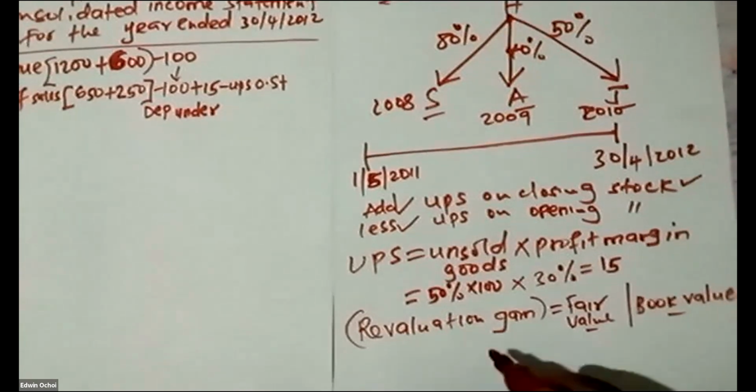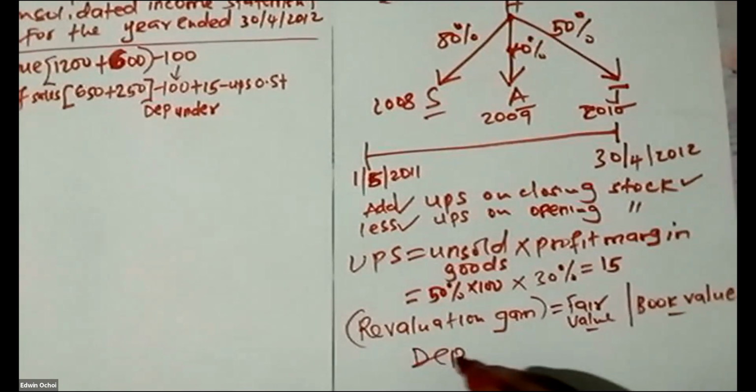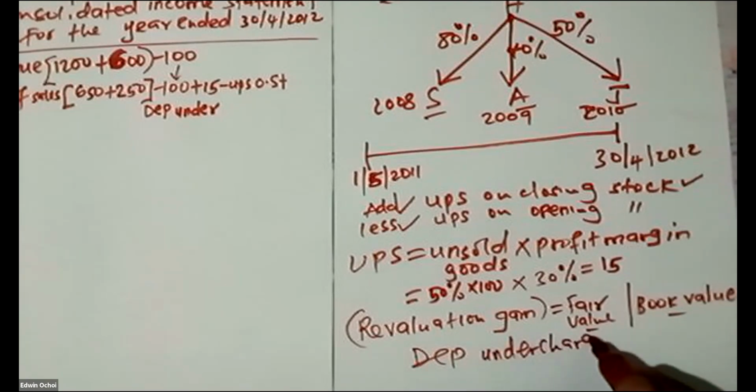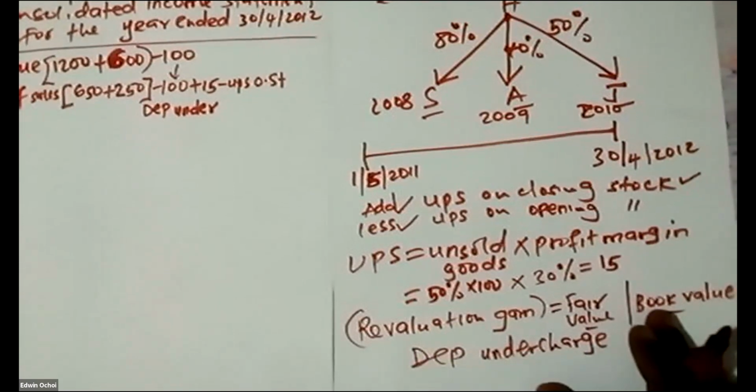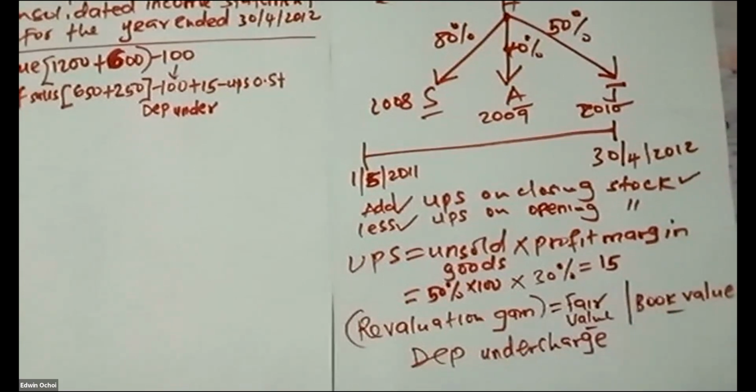So once you have revaluation, I said it leads to depreciation undercharge, because that element of revaluation gain on the asset had not been subjected to depreciation. That is why we would say that they undercharged depreciation. That amount by which the asset increased was never subjected to depreciation, so we need to subject it to depreciation.